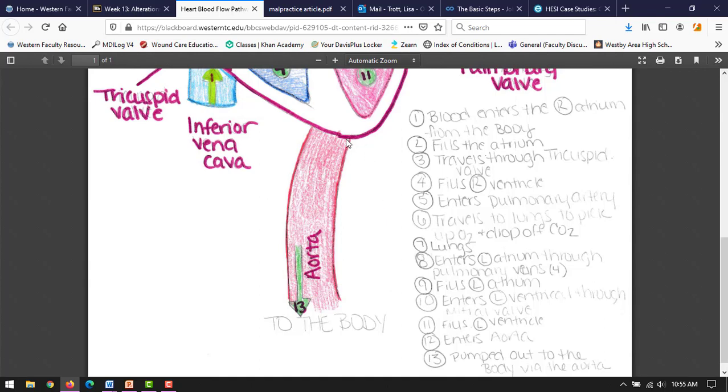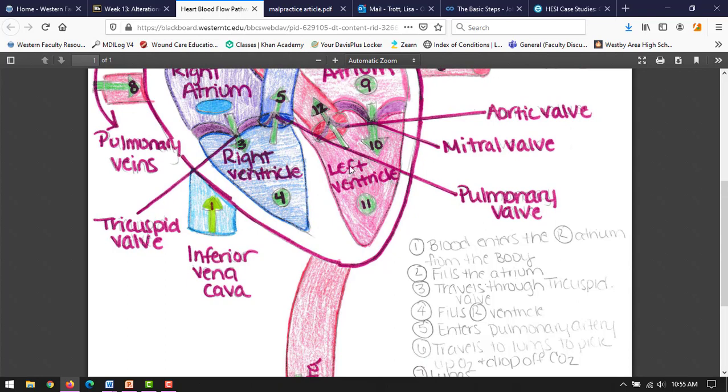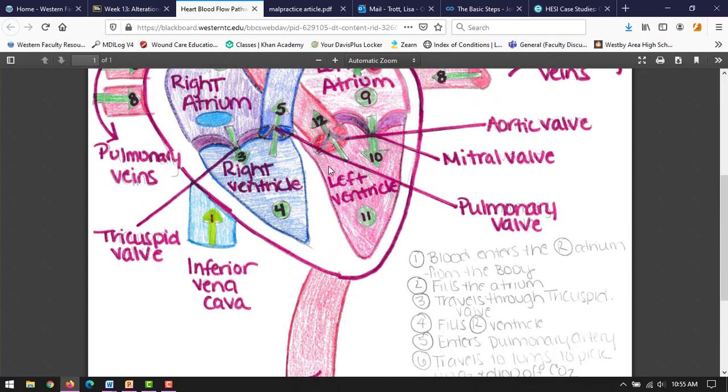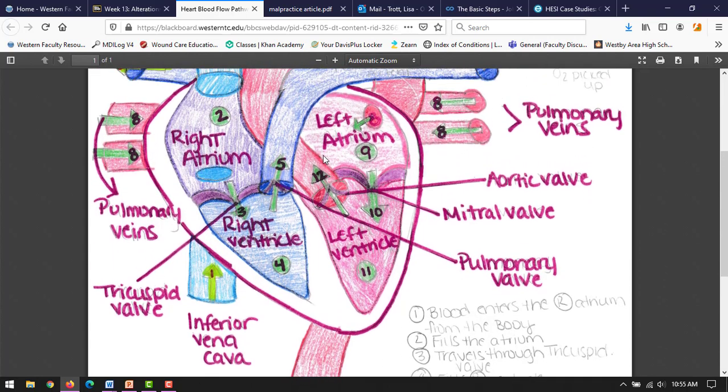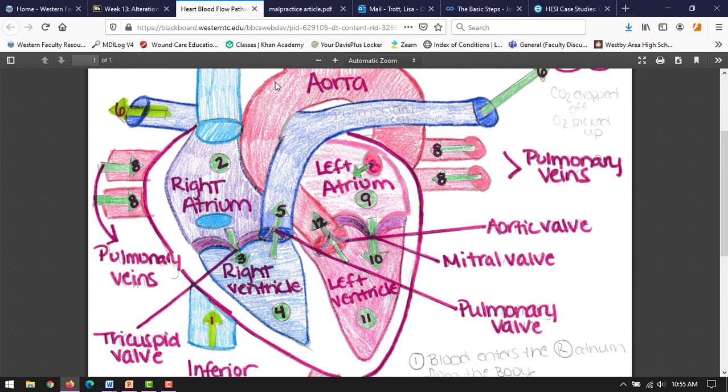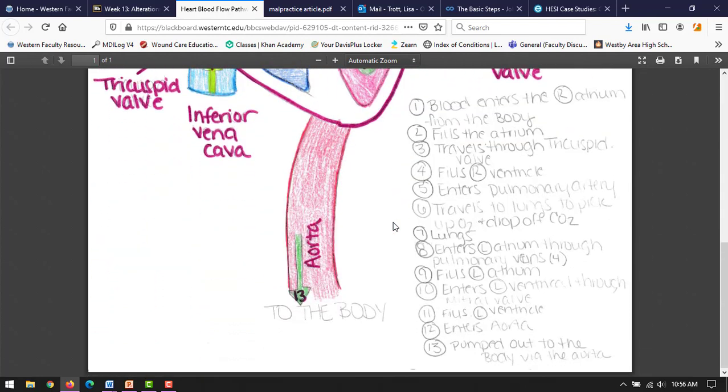It'll fill that left atrium, then enter the left ventricle right here. Fill that left ventricle. From the ventricle, it'll go up, it'll exit through the aorta, this big arcing vessel here, and then out to the body.